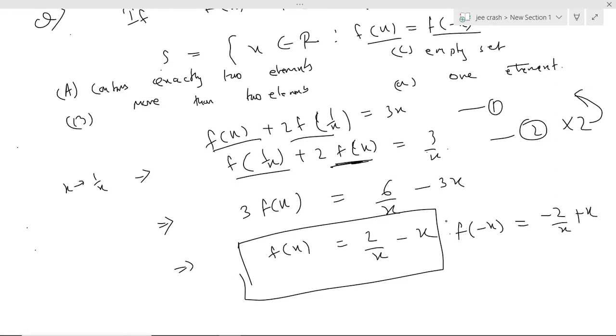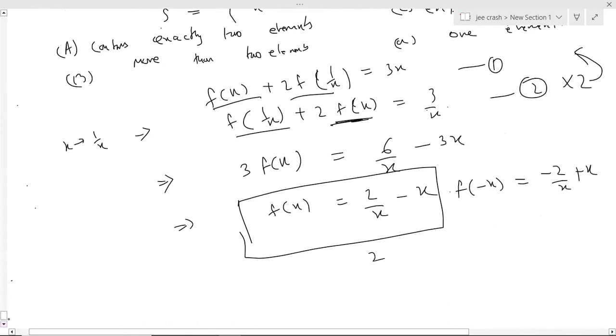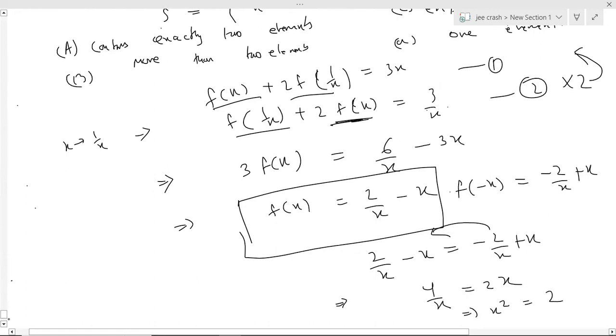They are saying this should be equal. So 2 upon x minus x is equal to minus 2 upon x plus x. So taking this side, 4 upon x equals 2x. We can say x square equals 2. So x is equal to plus minus root 2.